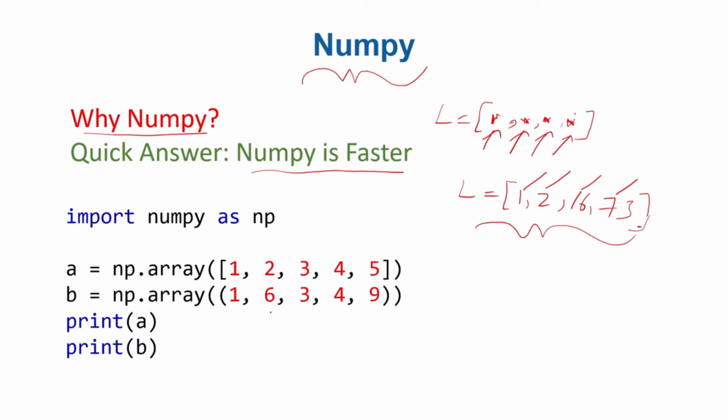Although you can have a NumPy array with string data types, or general objects as well, the power of a NumPy array becomes much more evident when we work on numeric data. So in this particular course, we will focus more on numeric data than other kinds of data.